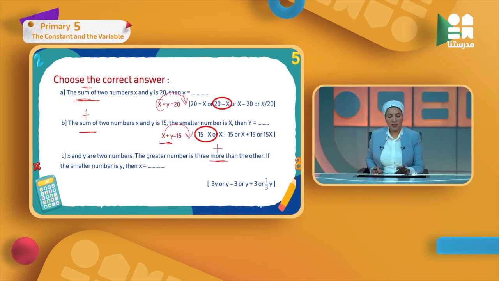So here the greater number is 3 more than the other. If the smaller number is y, and x is bigger or more than y by 3, then the answer will be y plus 3.